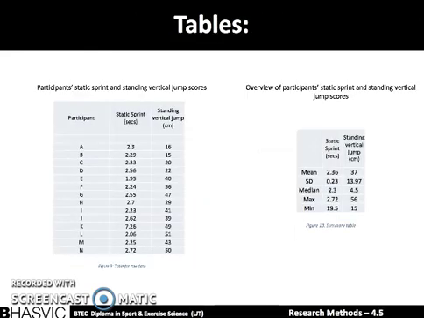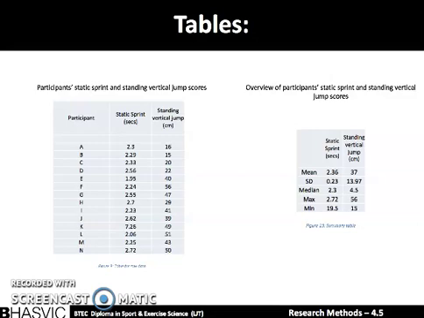So here you can see in figure 9 you've got a table full of the raw data of static sprint scores and standing vertical jump scores of gymnasts.